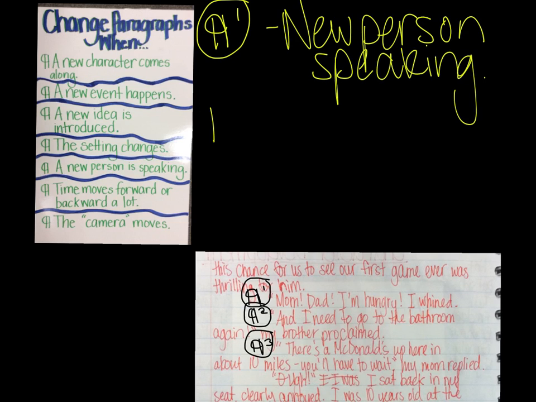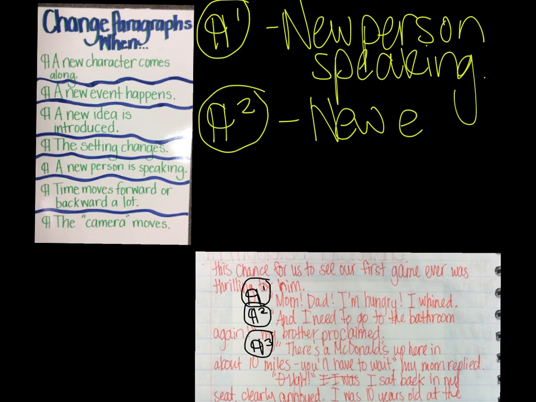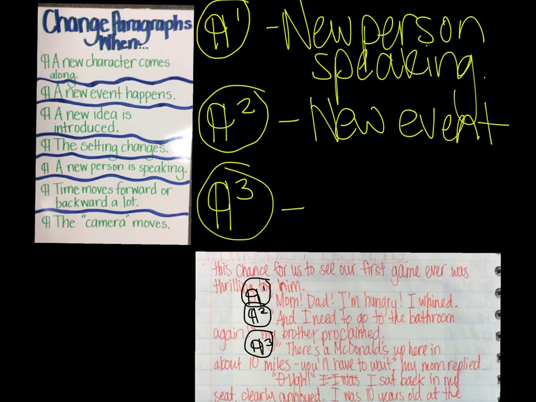Then you would write paragraph 2, and let's pretend that mine is not new person speaking. Let's pretend it's a new event. And then maybe paragraph 3 is time moving. Let's say moving forward.